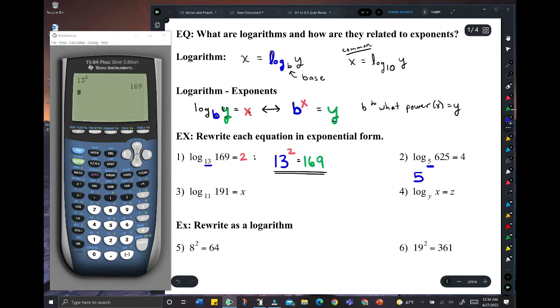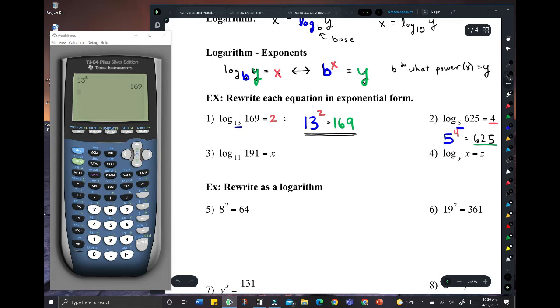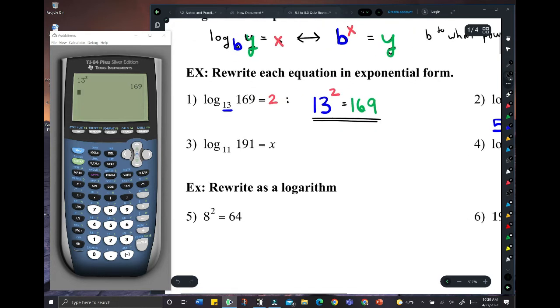Number 2, okay, and it'll get pretty quick. That little base of 5 becomes 5 to the what? Well, it's going to be 5 to the 4th, and that equals 625. So that is the idea. Don't be afraid to see things like variables. Same process. 11 to the x equals 191. We'll be solving these in the future. Today, we are just rewriting.